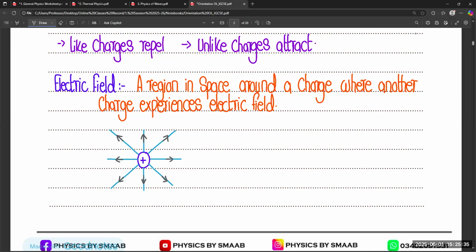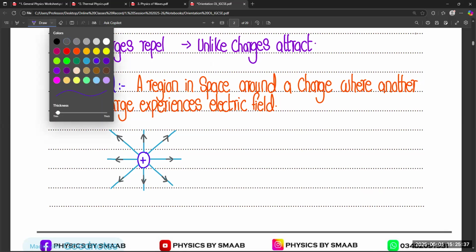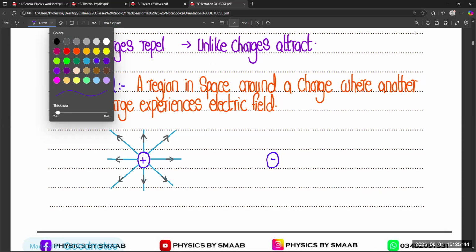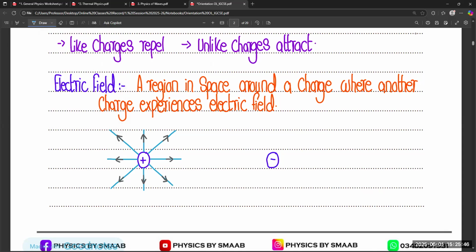In the same way, if we consider a negative charge, then we will discuss the rest of the properties. For the negative charge, the field lines will be in the same pattern, like we have in upward direction, downward direction, right, left, diagonal, in all directions basically.